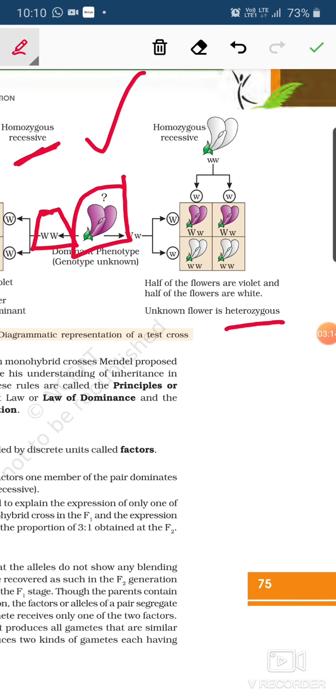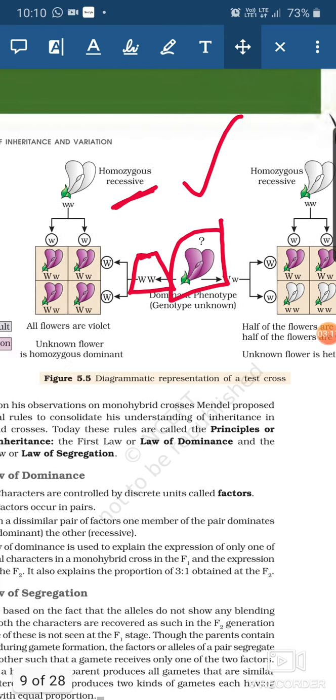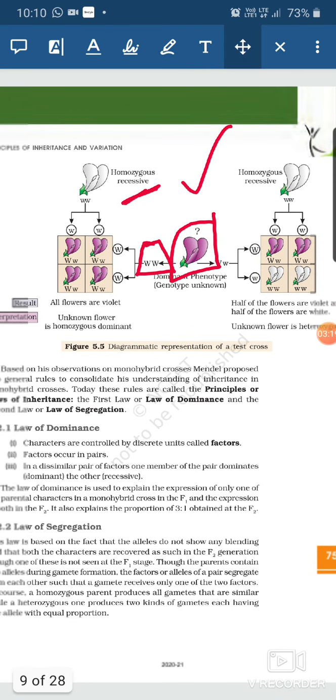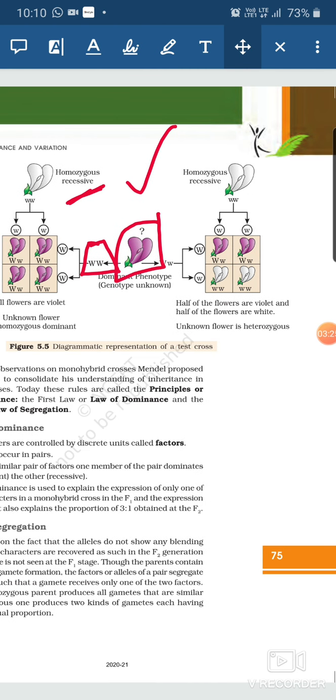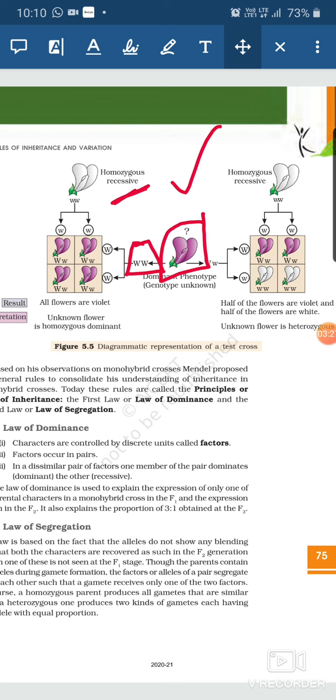So by this test cross we can detect whether the parent plant with the unknown genotype is homozygous dominant or heterozygous. If it is homozygous dominant, all the flowers will be of the same color, meaning all flowers are violet.